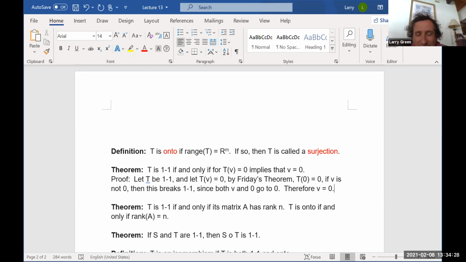Okay. So another way of saying this, in fact, I'm going to put it in the theorem: the null space of T, or of the matrix A with respect to the linear transformation T, is trivial.